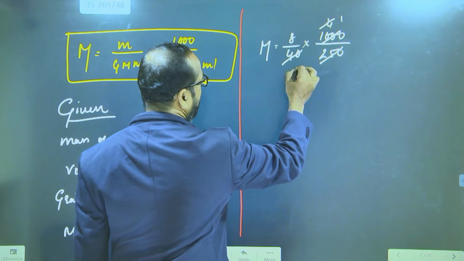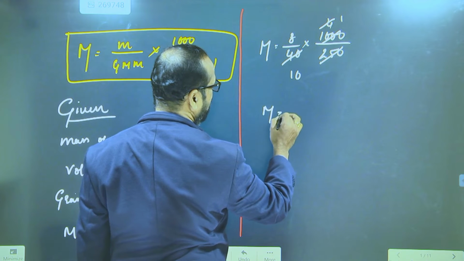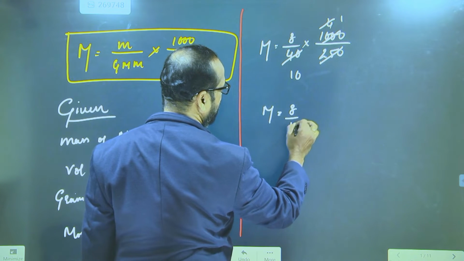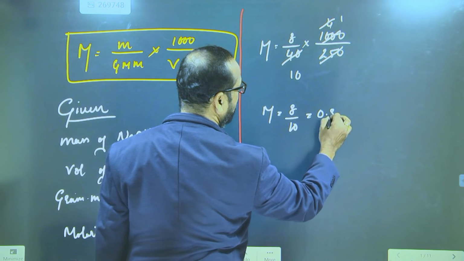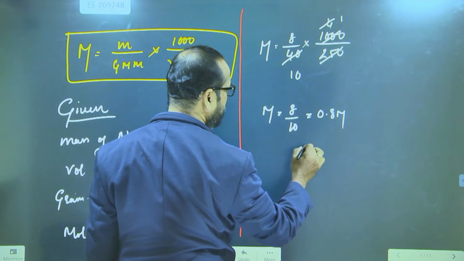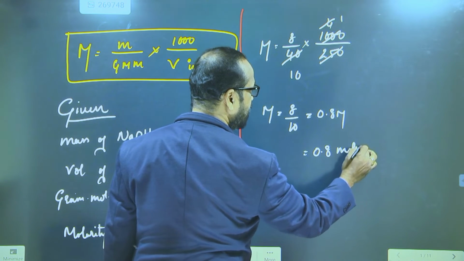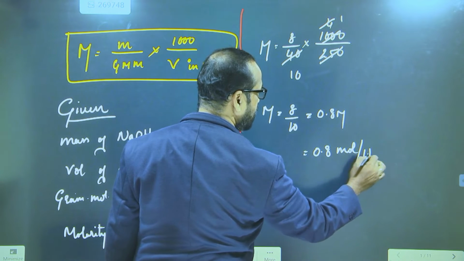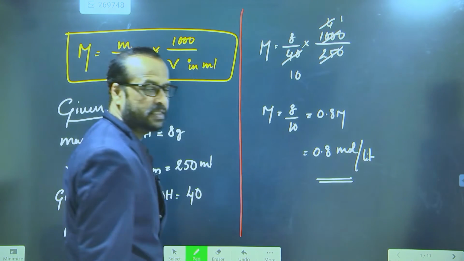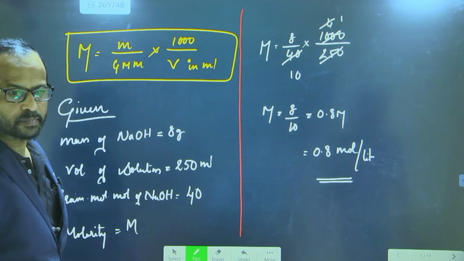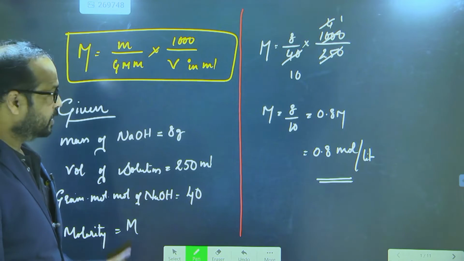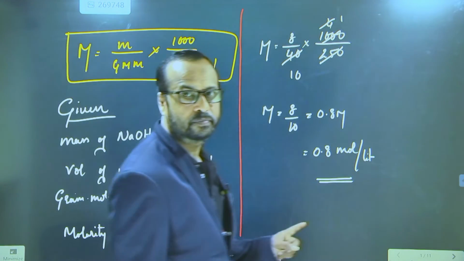Now 8 by 10 is 0.8. So molarity is 0.8 M, or you can write 0.8 moles per liter. This is the answer. Is this clear to you? Any doubt in this one?